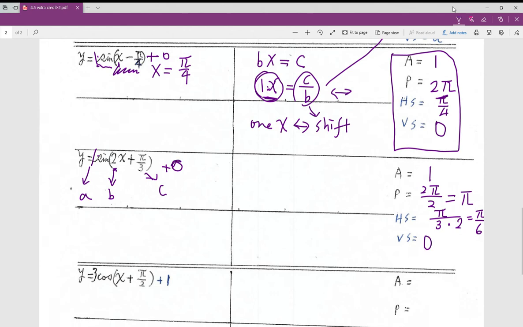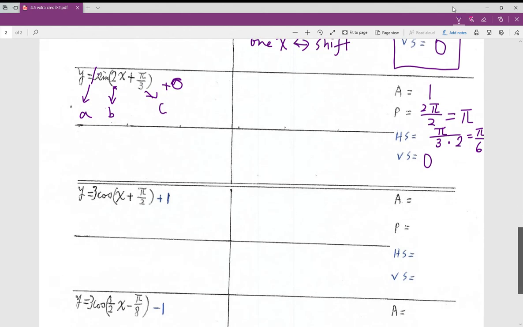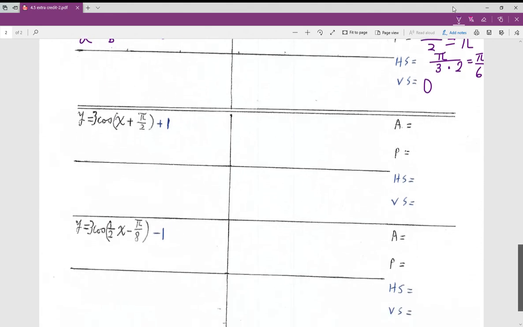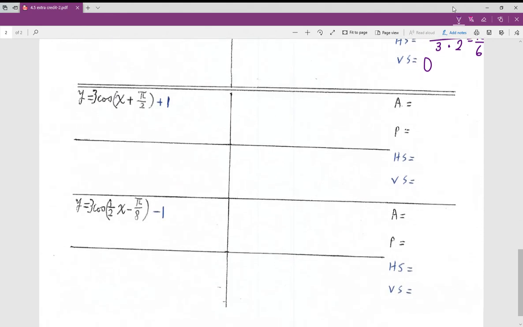So same thing, if you agree with the formula and memorize the formula, then those questions will be pretty easy. Next, the amplitude A is 3. Period, that's 1x, so 2 pi divided by 1 is still 2 pi.